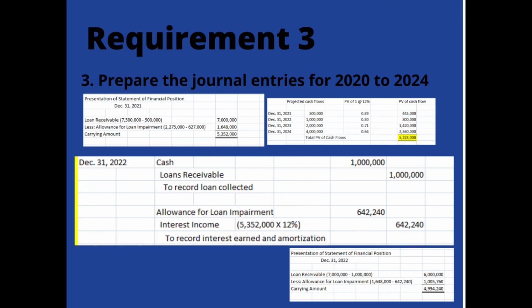This is the reason why we use the presentation of the statement of financial position, in order for us to know the amount for the next year. And again, we create another presentation of the statement of financial position for December 31, 2022, which is optional, and we use it as a guide to find the amount for next year.